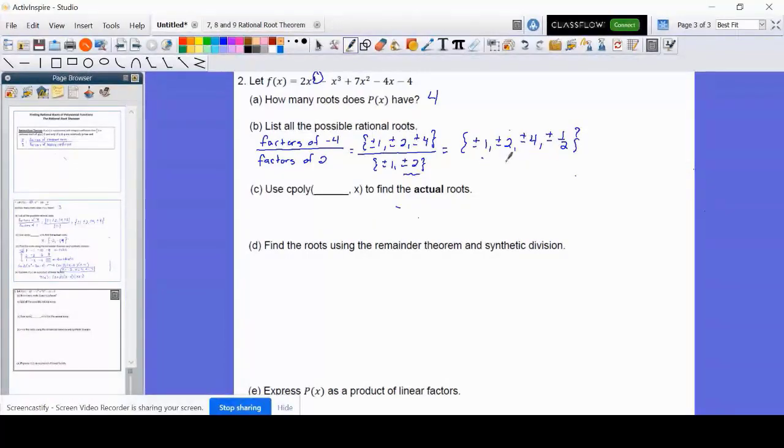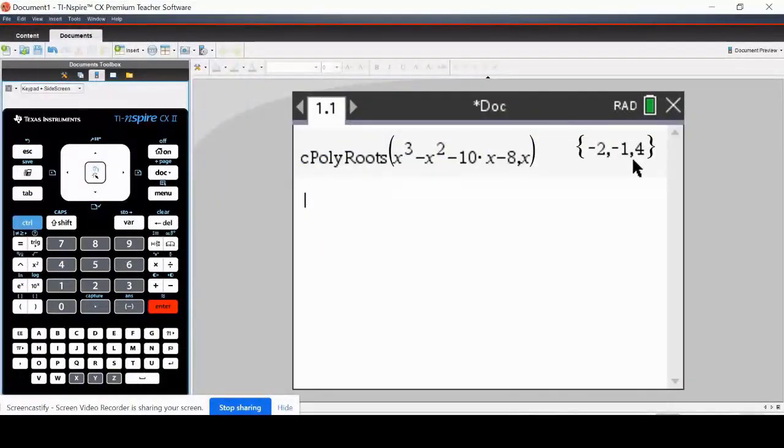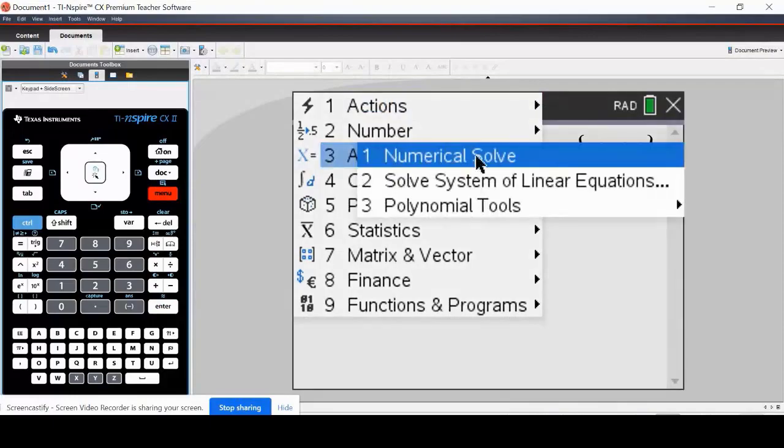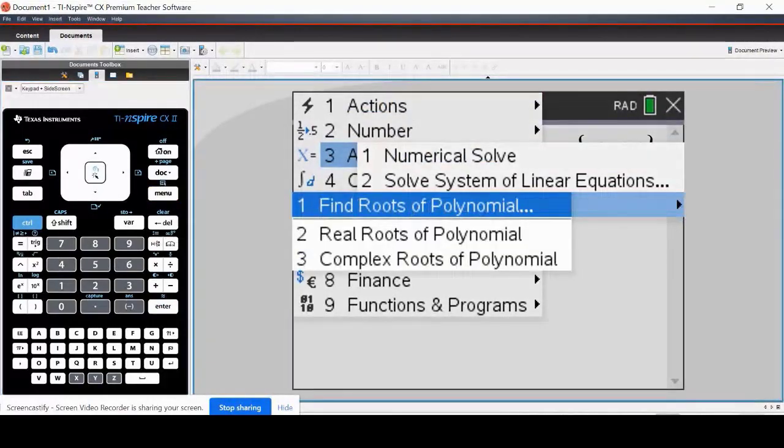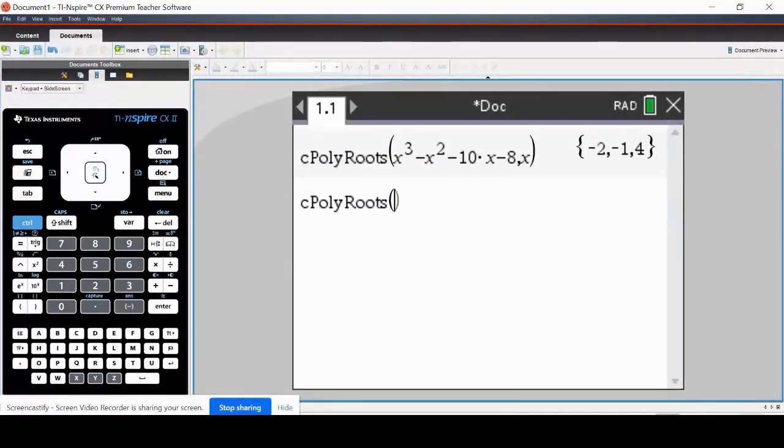Notice again, 8 possible rational roots, and the only fractions we can have are 1/2 and negative 1/2. Okay? So now we're going to go back to our calculator and use C-poly roots. We're going to do menu, algebra, polynomial tools, complex roots of a polynomial.